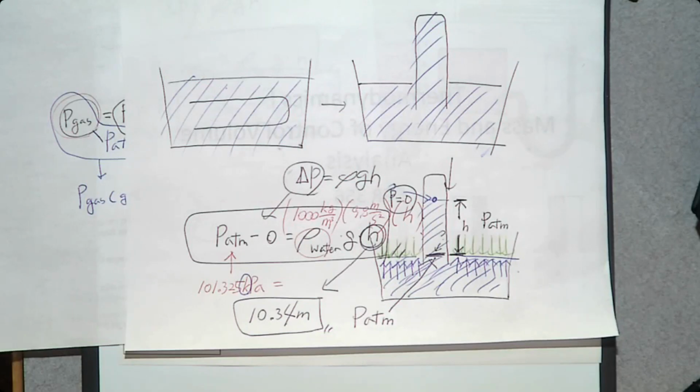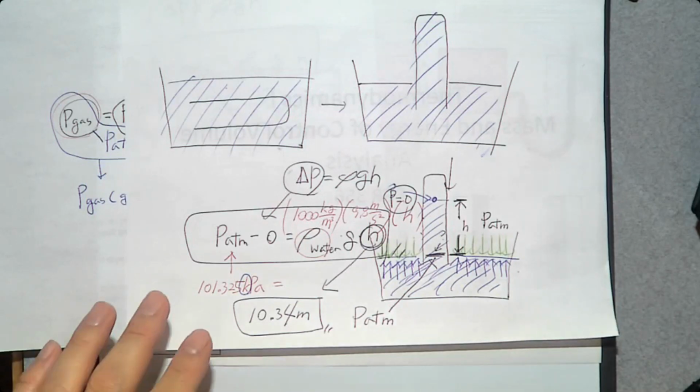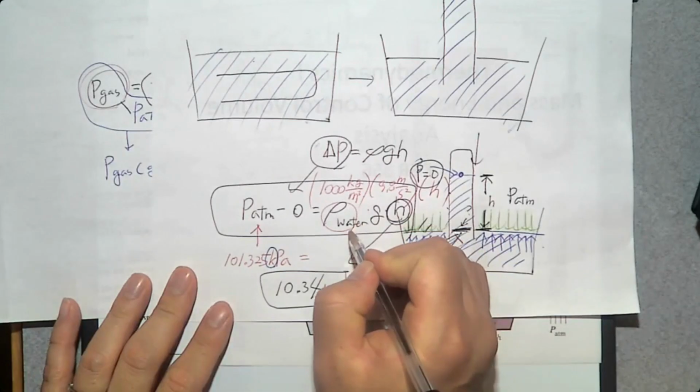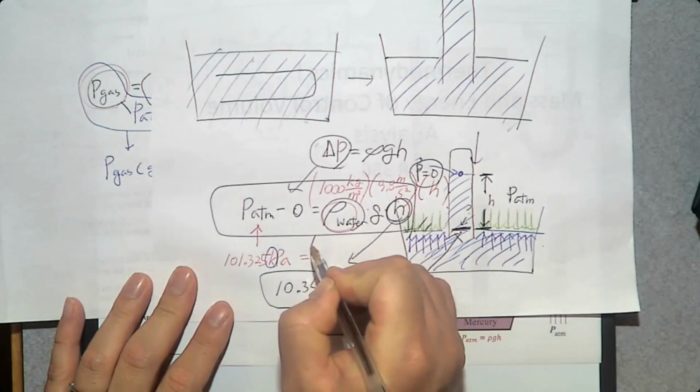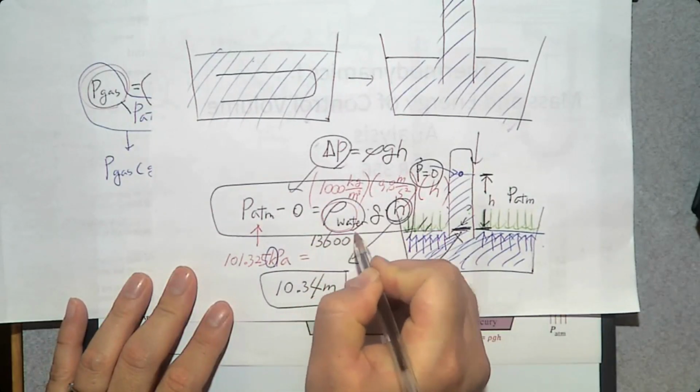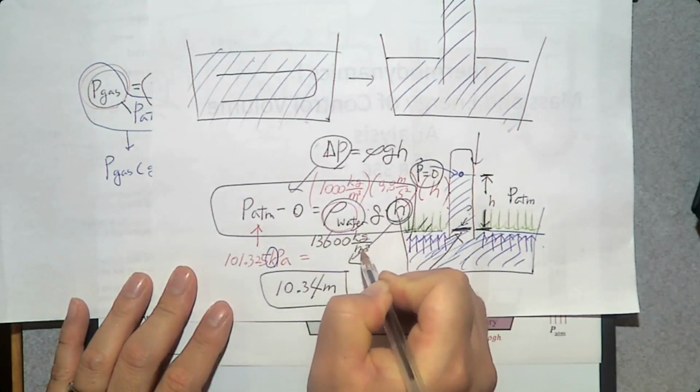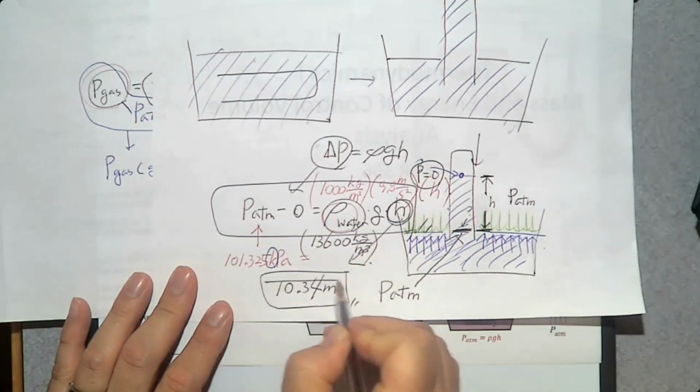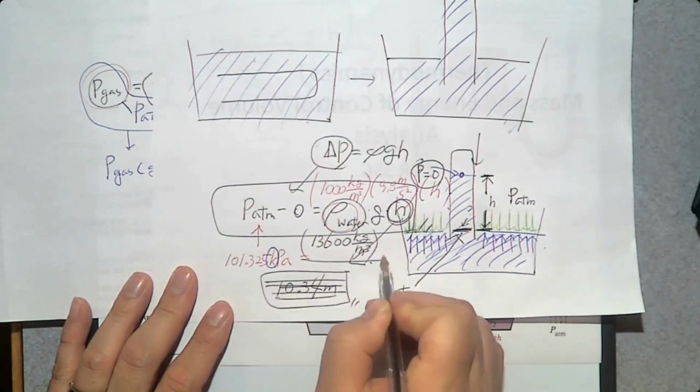For what? What kind of fluid? Lighter fluid than water or heavier fluid than water? Yes. What is the heaviest fluid that we can find? Mercury. So if you use mercury, what is the density of mercury? 13,600 kilogram per cubic meter. So let's recalculate this h if you use mercury.